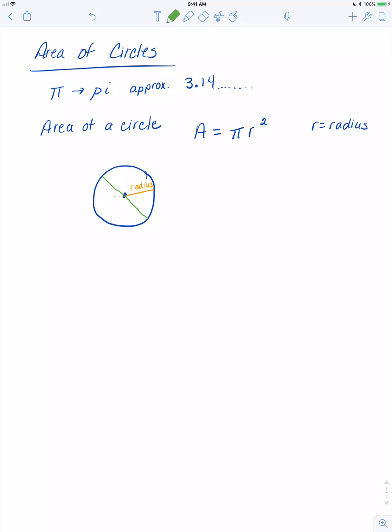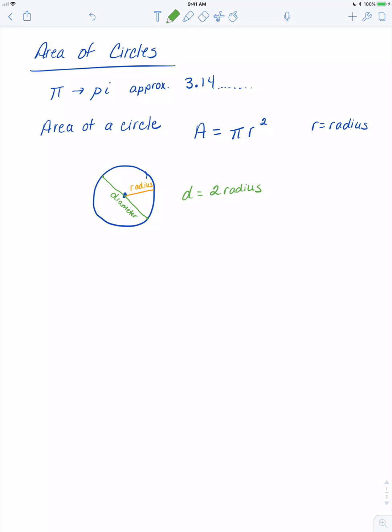That is called the diameter. It goes all the way across from one edge of the circle, through the middle, to the other edge. So remember that your diameter is 2 times your radius.